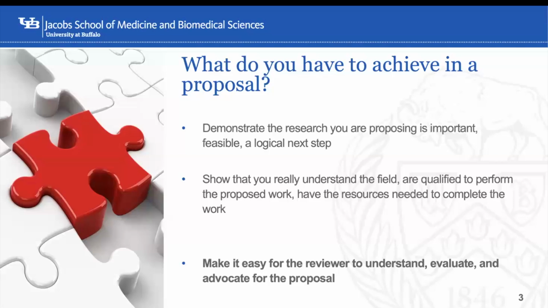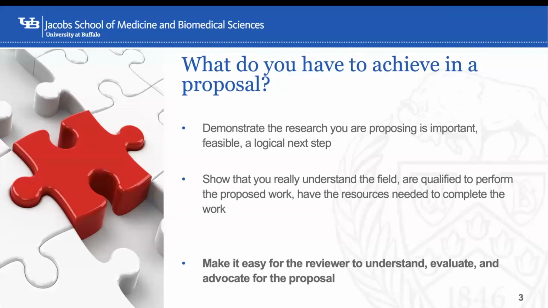When you think about writing a grant, there are a couple of things you need to do. One is to demonstrate that what you're proposing is important and the logical next step, that you know what you're doing, and that you have the resources and the know-how to achieve it. But another is that you need to make it easy for the reviewer to understand, so that they can evaluate it and also advocate for your proposal.